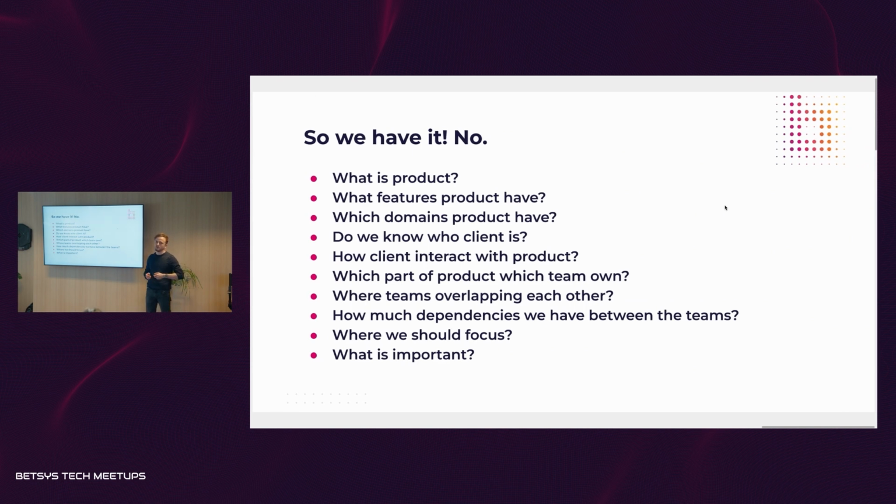So we have it. But then we can ask, what is the product? Can we start coding, or what to do? What are the features, how will we structure the code, what are the domains, the dependencies, the boundaries between the teams, and how to define it?